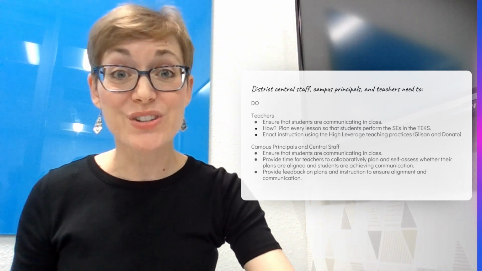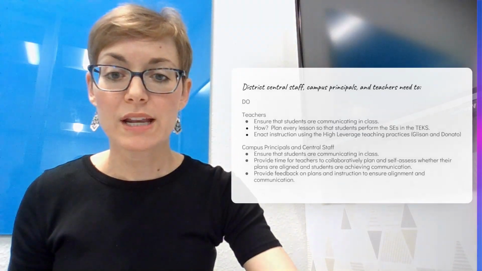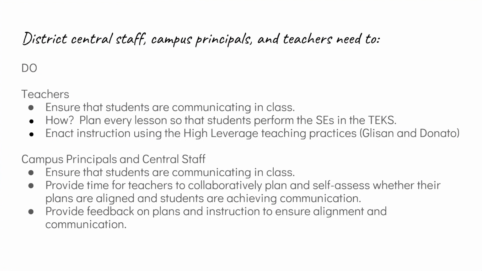So what do we need to do? Okay, we need to ensure that kids are communicating in class and really be reflective practitioners. After teachers plan lessons, or before, as they're planning, they should ask themselves, are we achieving communication here? I got this definition. I know it needs to be expression, interpretation, sometimes negotiation of meaning within a given context for a specific purpose.